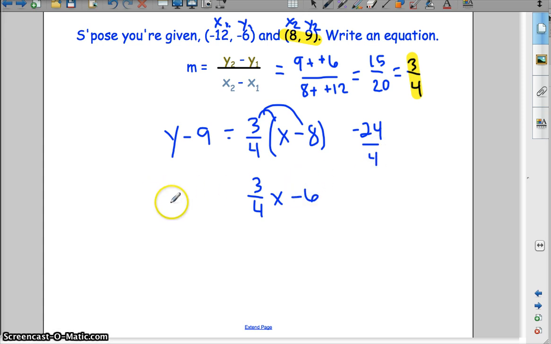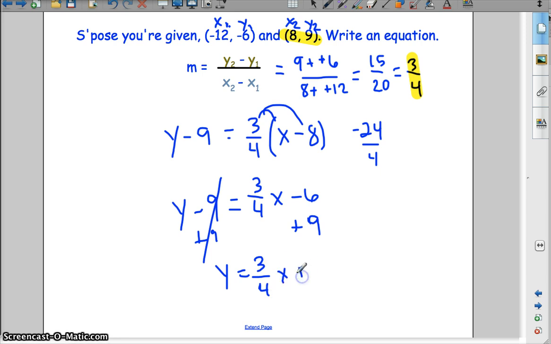And then we have y minus 9. So I can add 9 to both sides. A negative 6 plus 9 is going to give me a positive 3. So my final answer is going to be 3/4 x plus 3. And you can go ahead and box that up.